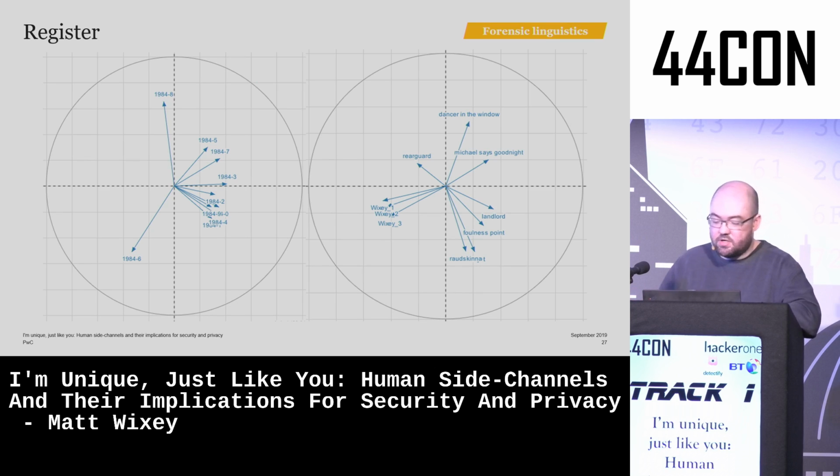So just on register, here are 2 good examples. The first on the left is looking at different chapters of 1984, the novel by George Orwell. And you can see most of them are fairly well grouped together, but for 2 anomalies on the left-hand side. And those 2 anomalies, has anyone read 1984?